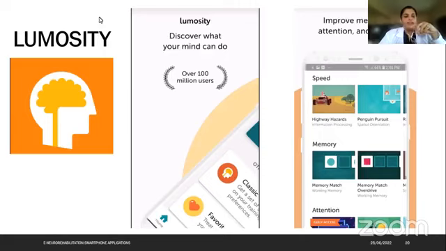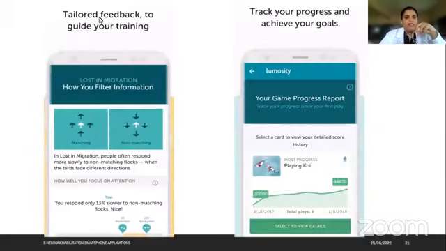It is around 800 to 900 rupees monthly subscription, but the free version can be accessed and used for the patients. In the same way, it provides feedback. The training immediately tells you in which area the patient or the user is lacking. Progress is tracked throughout the session, and the patient can also set goals himself or herself.